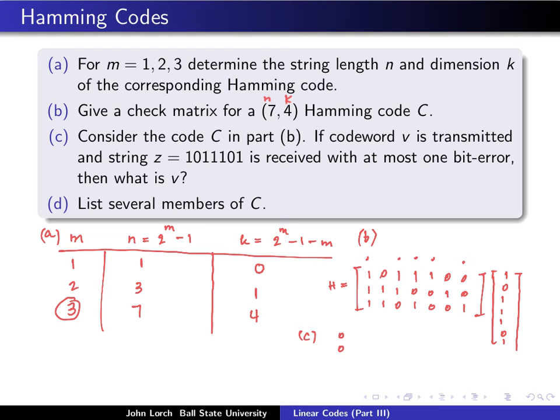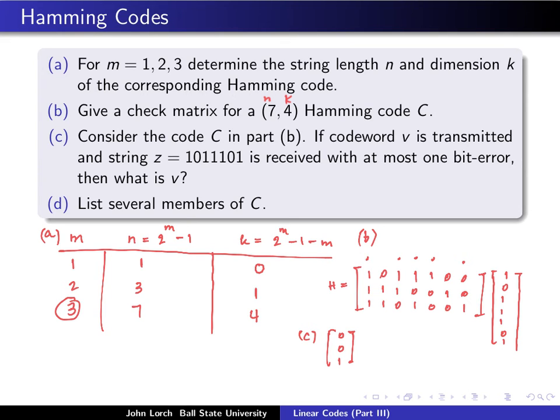And then I get a 1 and a 1, which is a 0 and a 1. Okay, so the matrix product H times this string Z is equal to 0, 0, 1.